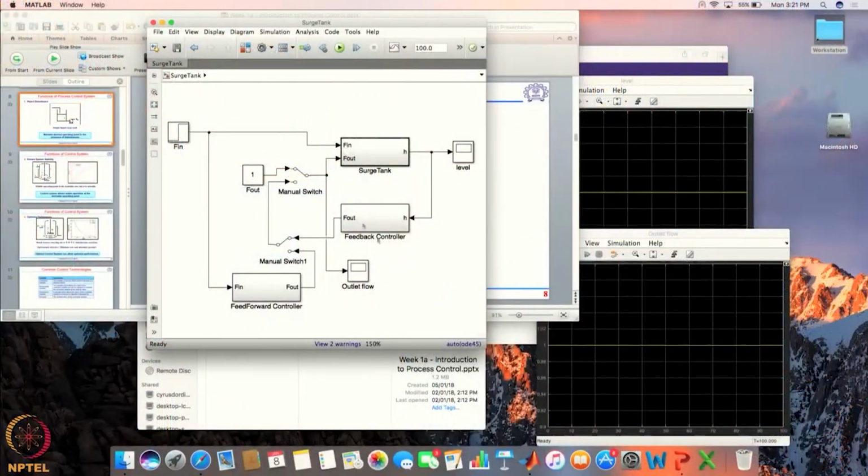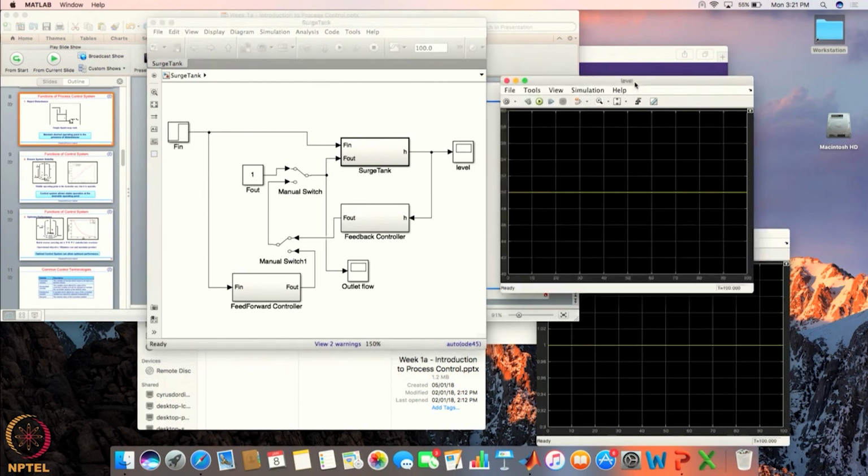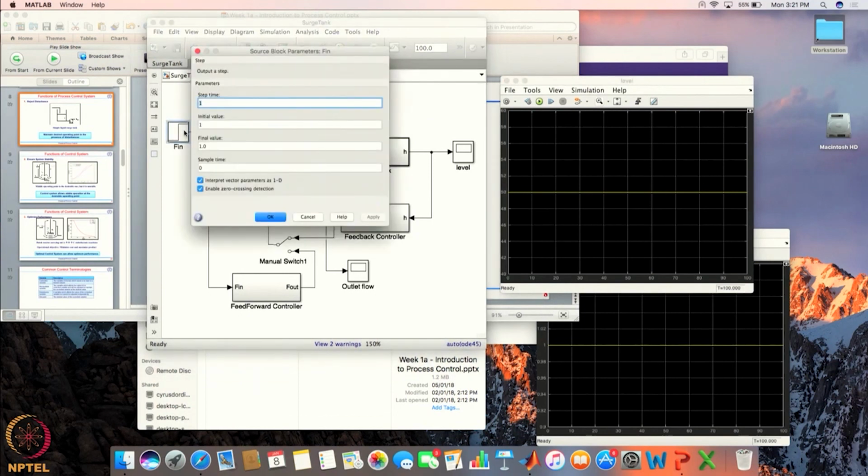Here is the model for this surge tank, and if the F in or the inlet flow rate remains constant, and if I run it for a long time, you can see that the height inside the tank also remains constant at the desired value, which is 50. But there is no control over F in, and the inlet flow rate may increase or decrease beyond this value.